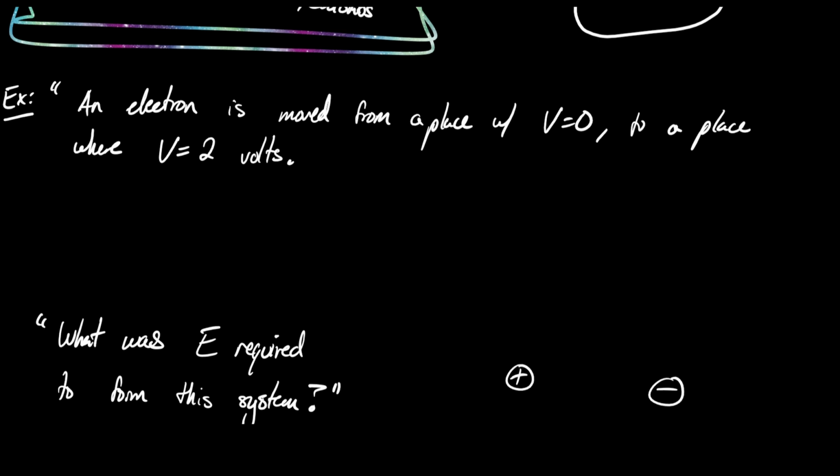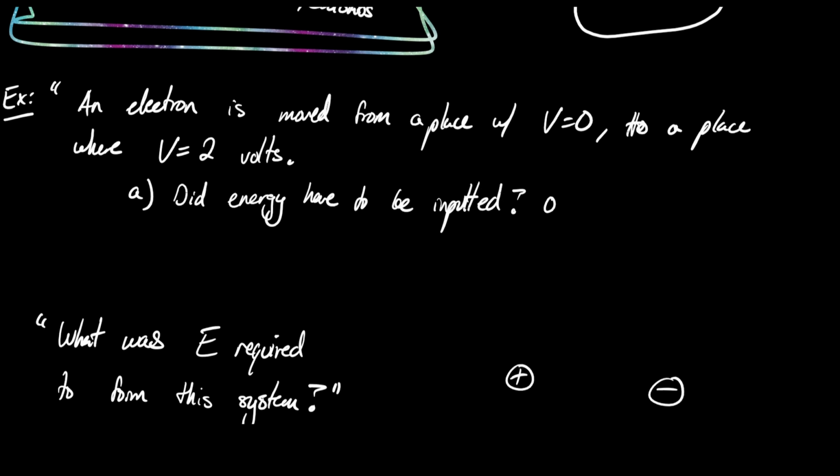I might even edit the video to have this first. Oops, to a place where V equals 2 volts. First question will be, did energy have to be put in? Like, did energy have to be inputted for this to happen, or would it naturally happen? Is this the natural, favorable thing that would happen?